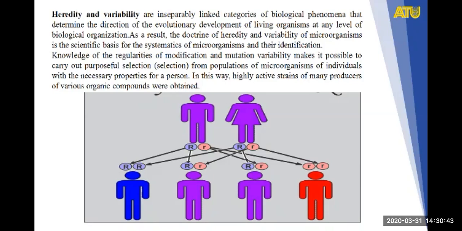Knowledge of the regulators of modification and mutation variability makes it possible to carry out purposeful selection from a population of microorganisms of individuals with properties necessary for people. In this way, highly active strains of many producers of various organic compounds were obtained.